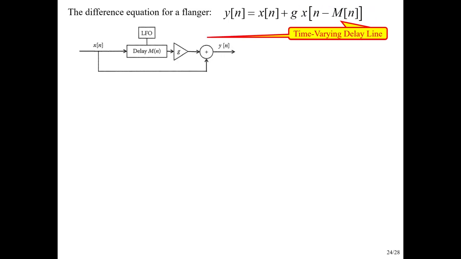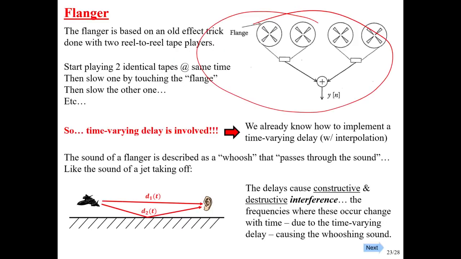So I show it here as just a delay, but that's what we just talked about for the vibrato, and the LFO is changing that delay value. So this is just a conceptual view of it, not the physical view of it. So the signal goes through there, comes out with some delay that's changing, gets multiplied by G, and we add it to the summation.